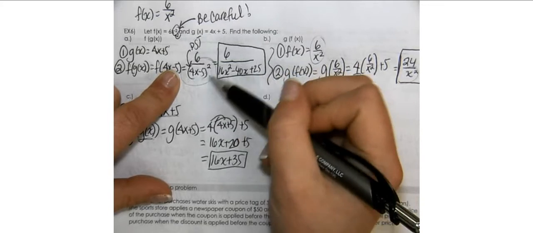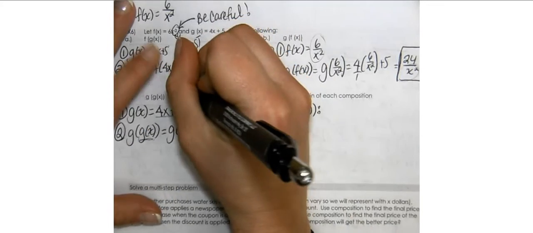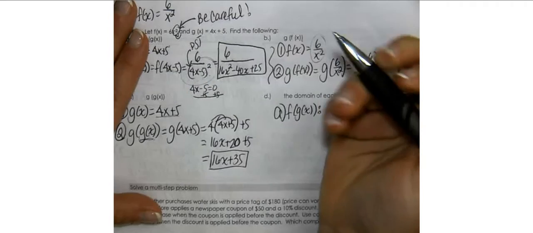We are not allowed to have a denominator that is 0, so what we need to do is identify what x-value would be produced from 4x plus 5. So if you want, you can say 4x plus 5 is equal to 0 and solve for x. By subtracting 5 from both sides, you end up with 4x is equal to negative 5. Dividing both sides by 4, we end up with x is equal to negative 5/4.